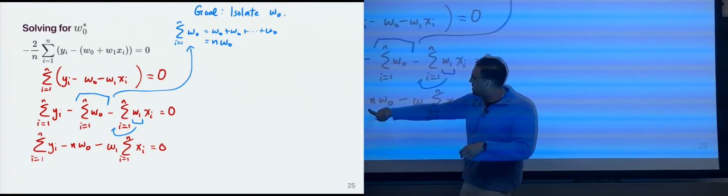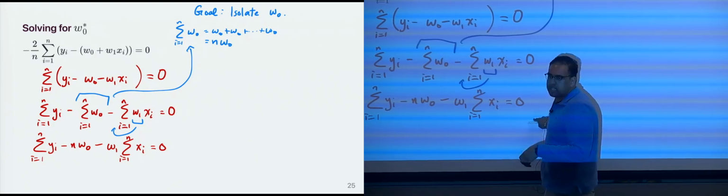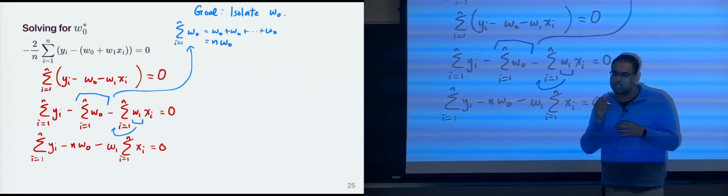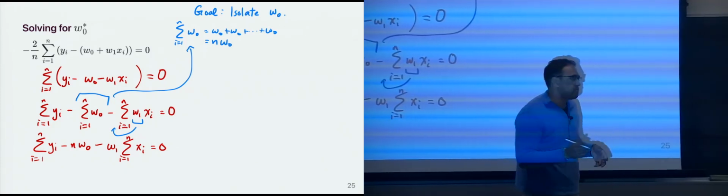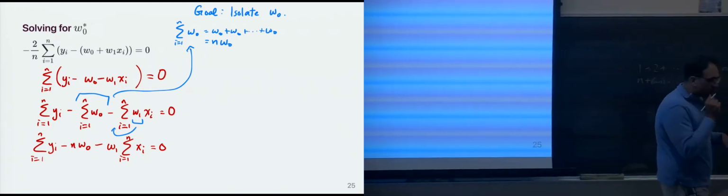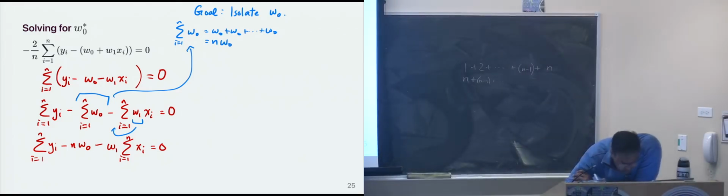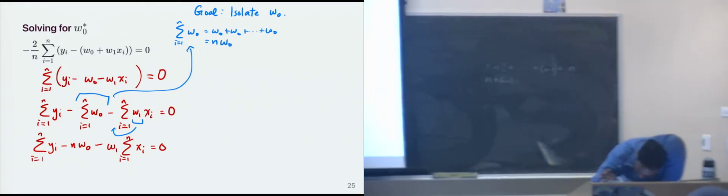All I have to do is add this term to both sides and divide both sides by n. And when I do that, I'll have what I wanted before, which is W naught equals something. Okay? So I'm pretty close to that. What I'll do is add n W naught to both sides.